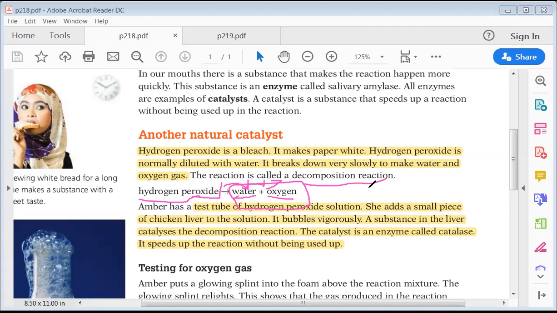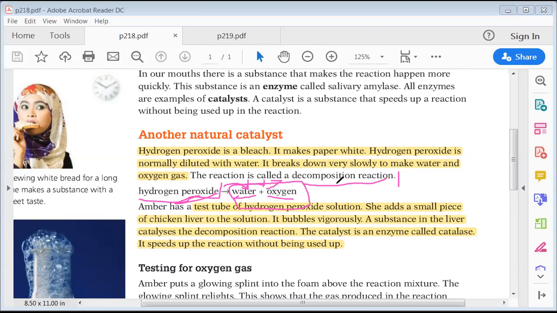You remember the decomposers in biology? Yes. Decomposers' function is to break down dead bodies, right? And take in nutrients. So breaking down compounds is called a decomposition reaction, which comes from decompose, which is breaking down, okay?